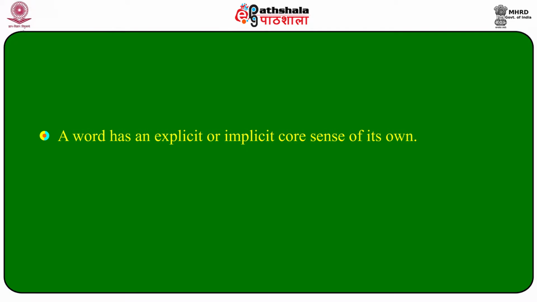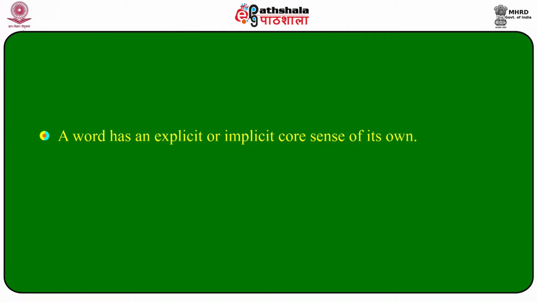Number one, a word has an explicit or implicit core sense of its own, which is normally recorded and represented in a dictionary, and which generally comes from its etymology, origin or source. This is called a prototypical concept, where a word has at least one meaning derived from its etymology or source.